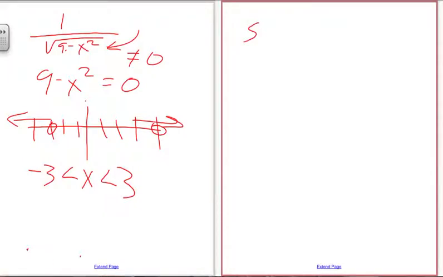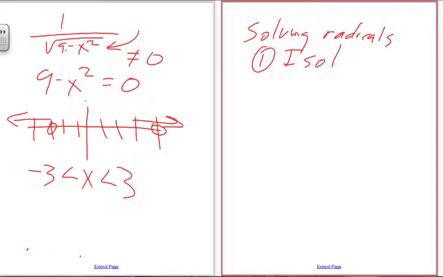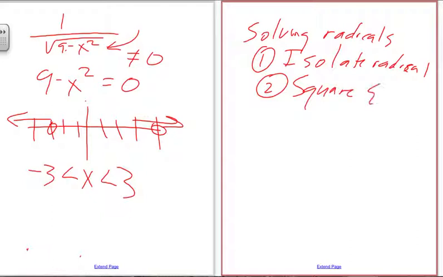Solving radicals. So you've also done isolate the radical, square both sides, and solve.